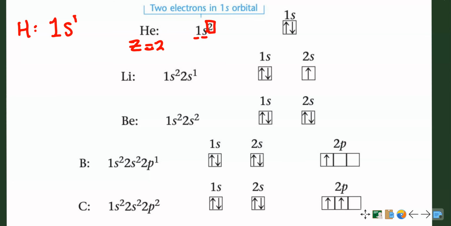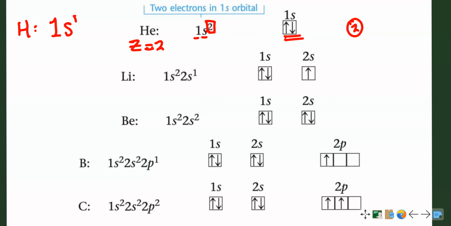Helium's is 1s2, which makes sense because it has 1 more electron than hydrogen. And if we remember, that s sublevel can hold 2 electrons, so it gets 2 arrows in its orbital diagram.